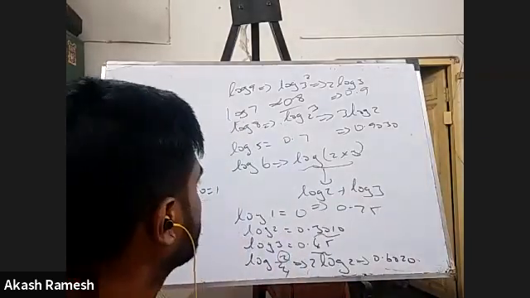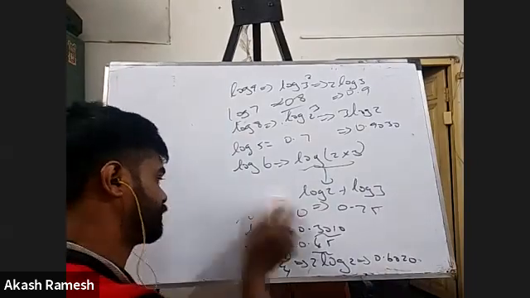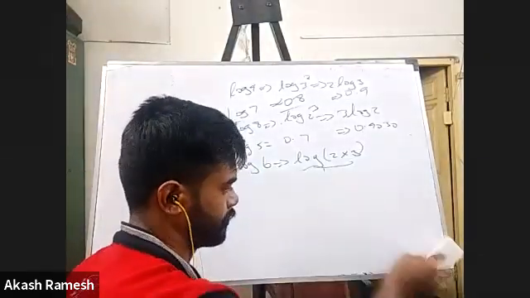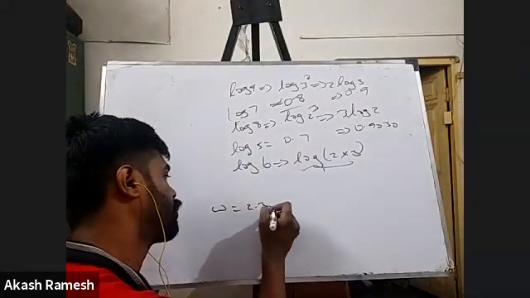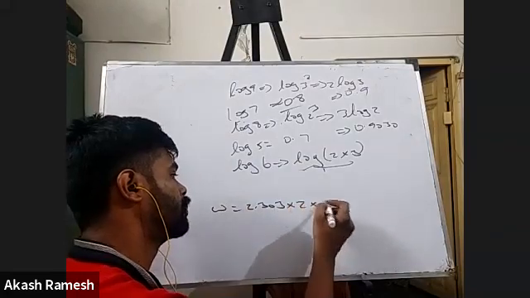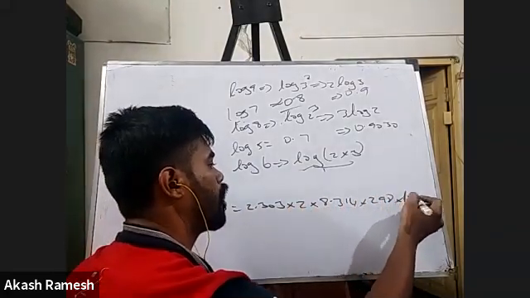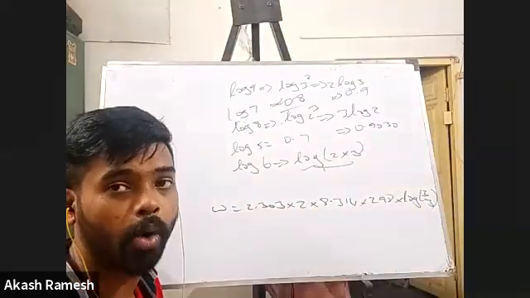Cool. So we can actually go for the problem now. I had W is equal to 2.303 number of moles, R value, temperature value into log of 2 by 3. How did 2 by 3 come?